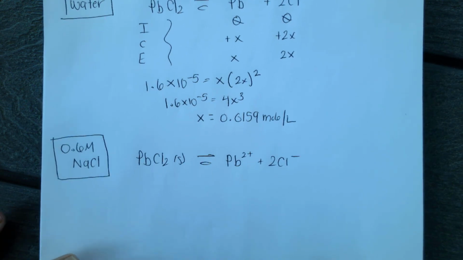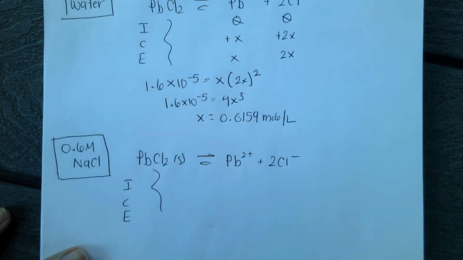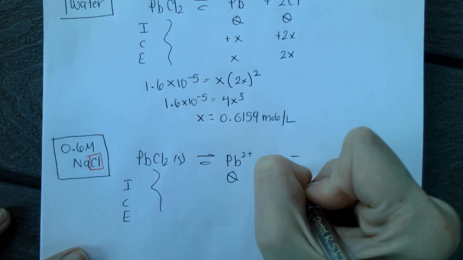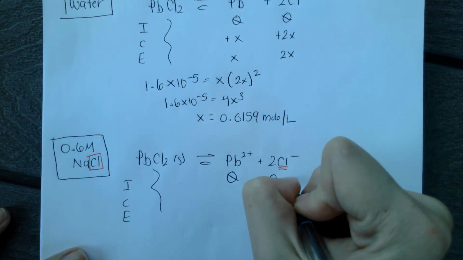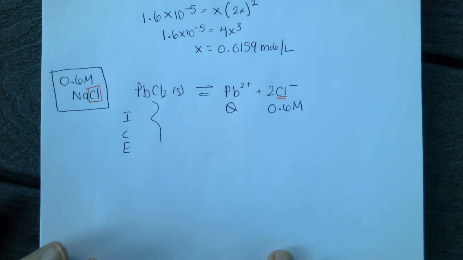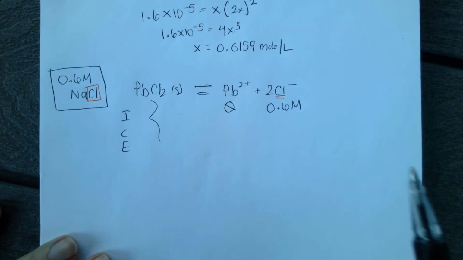Okay, but now this time when we go ICE, we initially don't have any lead, but we have some chloride. So this chloride here is a common ion. So because it's 1-to-1, this means initially we have 0.6 molar. So we initially have 0.6 moles per liter with 0 of this.